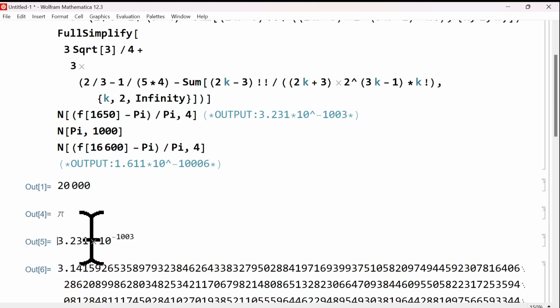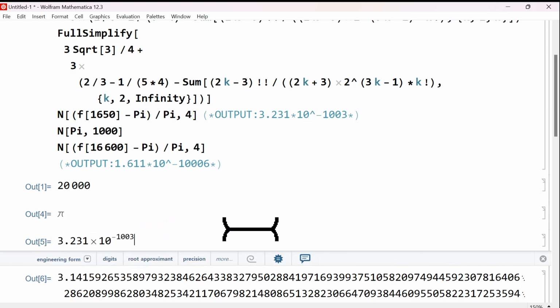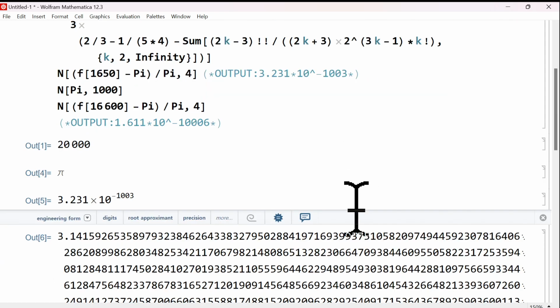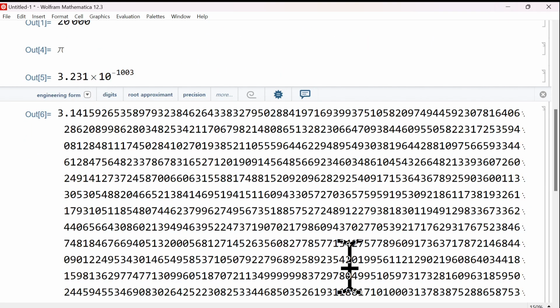The result shows that the relative error is very small, and it guarantees that the result displayed here is correct to 1,000 and a little bit more digits.